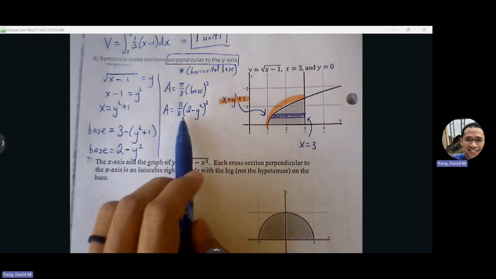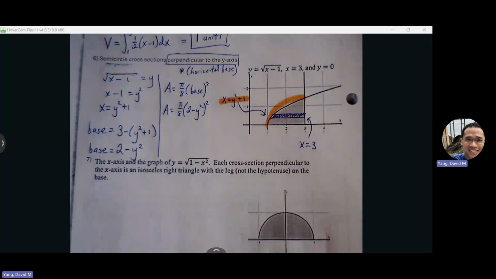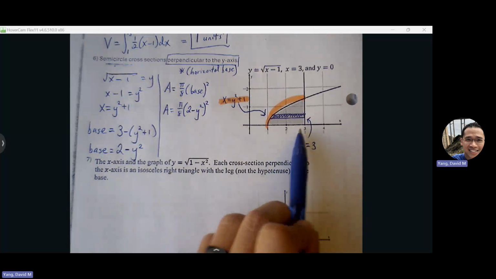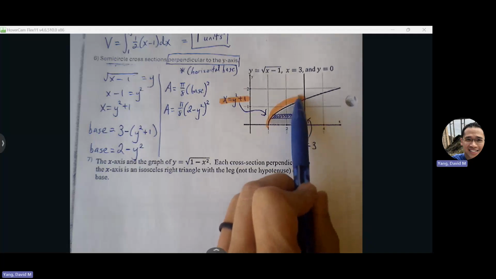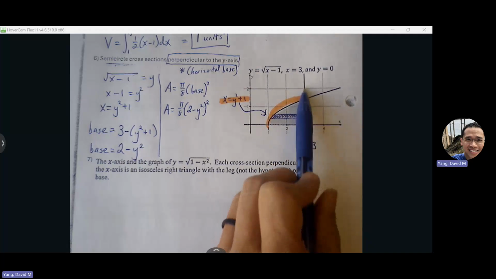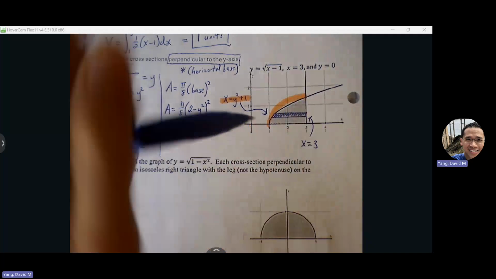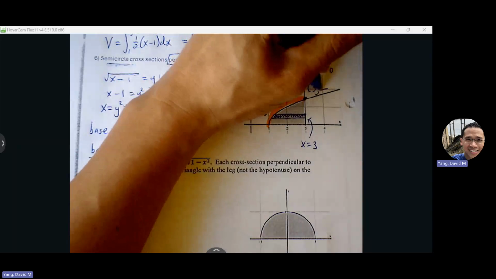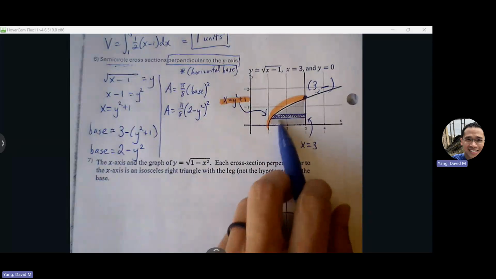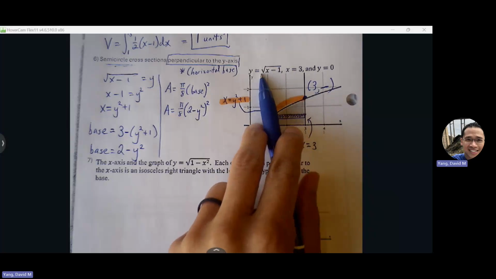We want a volume, so put an integral dy, and your bound is from 0 to wherever this intersection is. Rather than using the calculator to graph, and remember you can't graph vertical lines, all we need to do is find the ordered pair. We know the x value is 3. We just need to figure out the y value at that point, so plug 3 into the function and solve for y.